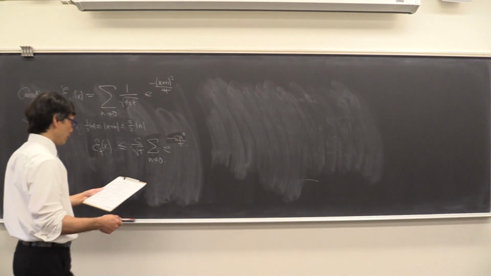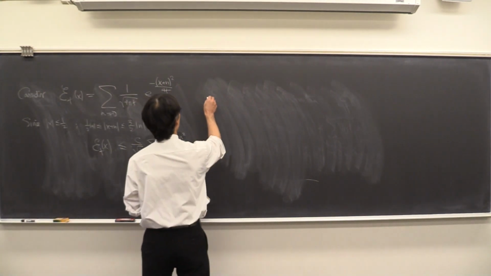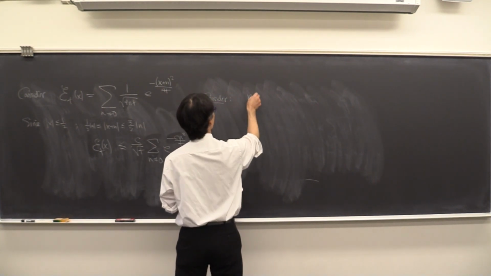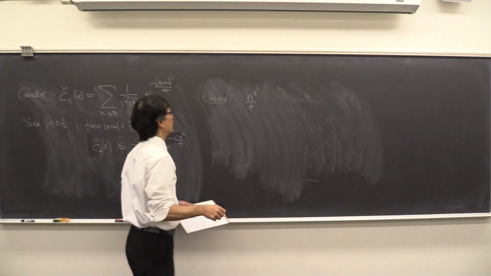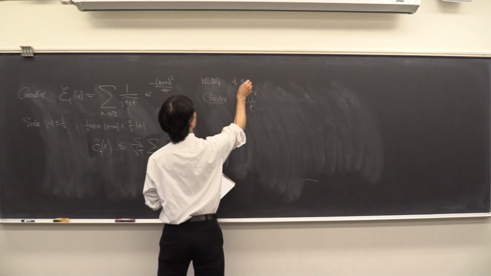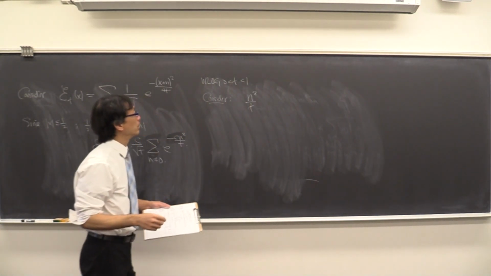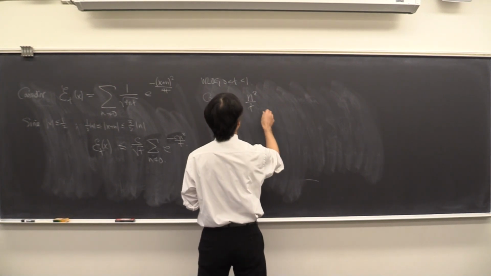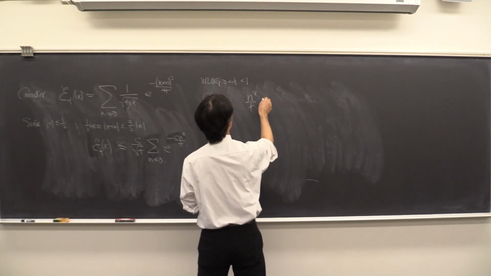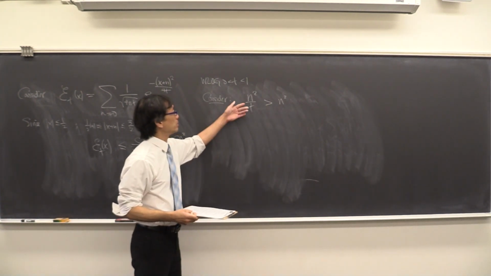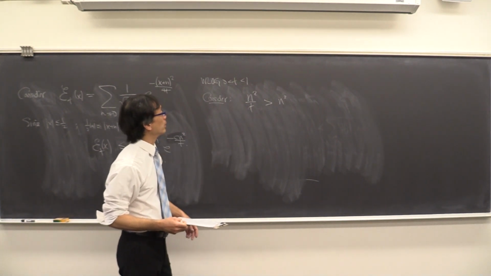The trick is to split this n squared over t. For small t, we can assume that t is between 0 and 1. In that case, n squared over t is going to be bigger than n squared, because we're dividing by something smaller than 1.